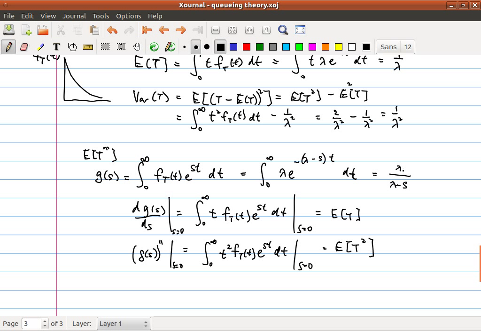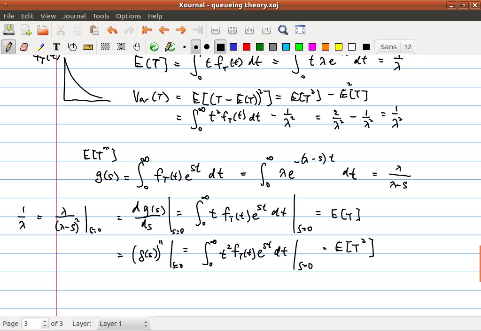And as we can see here, if I take the derivative once of this G(s), it is equal to lambda over (lambda minus s) squared, and I have a minus sign here, so I note this here. Then if I set s equal to 0, that's exactly equal to 1 over lambda. That's what I skipped in the calculation previously.